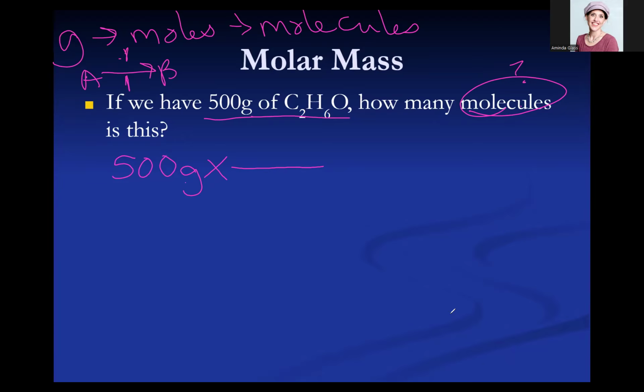In order to go from grams to molecules or atoms, you have to go through the door, which is moles. This is your door. These are the two rooms. We're not X-Men. We can't walk through the walls. So we have to go through the doors. We got to take that extra step.